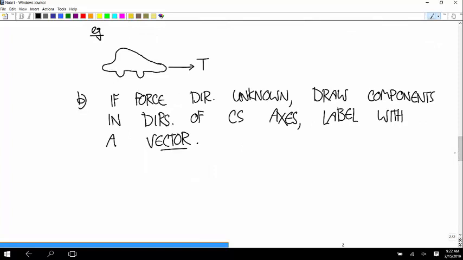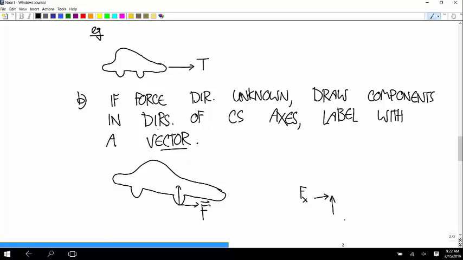So if this car is stuck in the mud, you don't know the direction of the force the mud's applying to the wheels, and so you just draw it like this, components in both of the two directions if you're doing a problem in the plane, and label it with a vector. And a lot of people do it like this too. Maybe more people do it like this. I'm just not in the habit of doing it, but that's fine too. You can do it like that and call it Fx and Fy. That's no different.